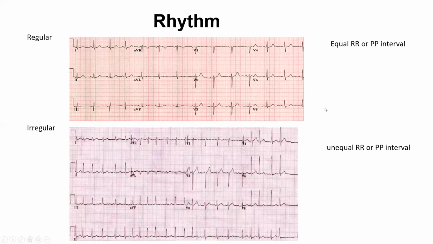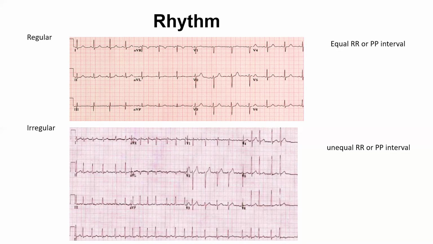Okay, so first the rhythm. In order to know the EKG rhythm, normally we use the RR interval or PP interval to decide if it's regular or irregular. You can see that in the first EKG graph, the RR interval and the PP interval are the same, which means it's a regular rhythm.